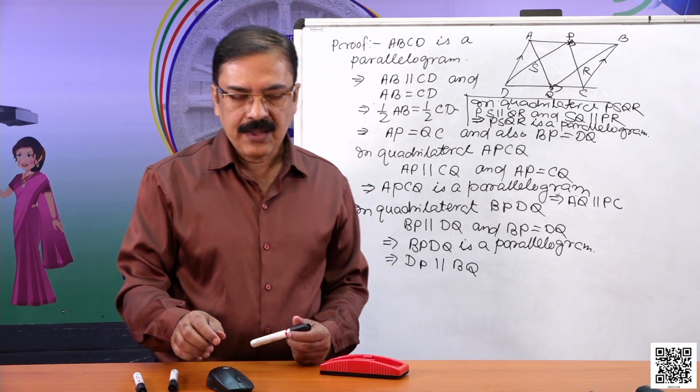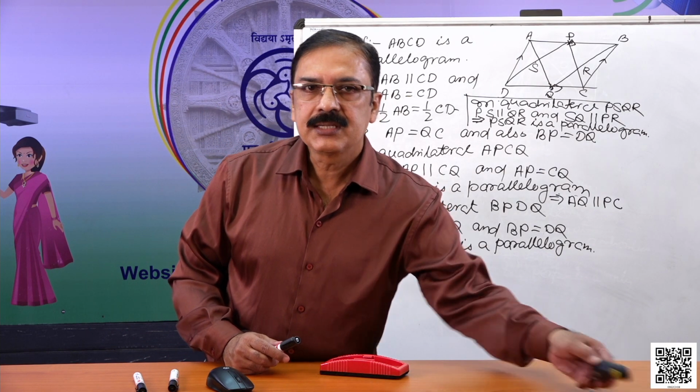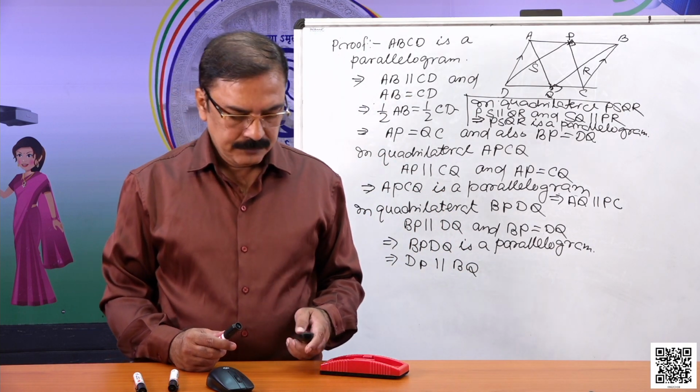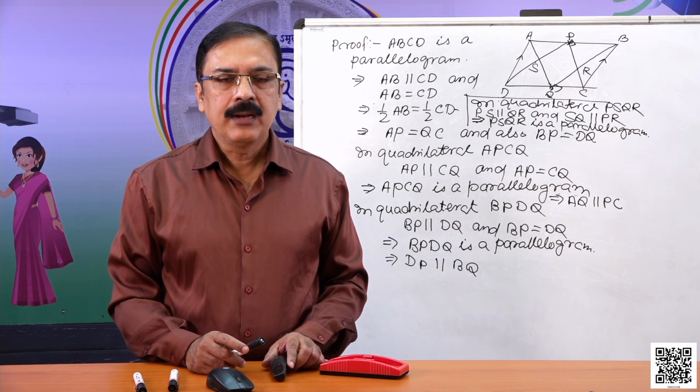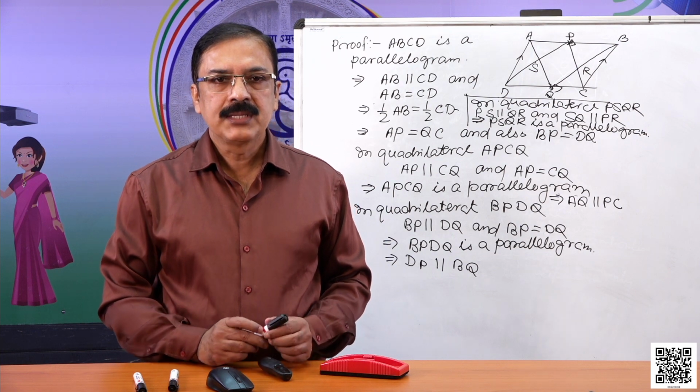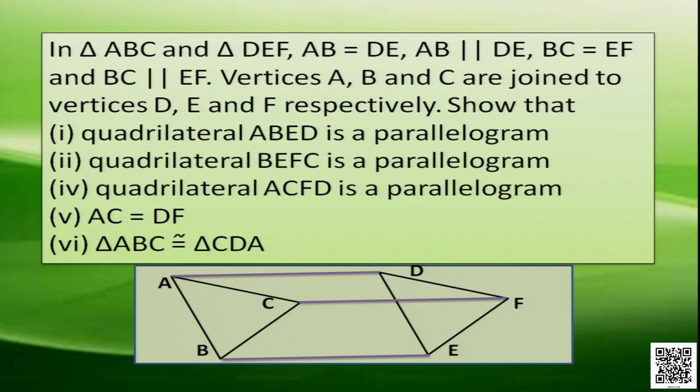Now, let's have another question. The question is like this. Here in the figure, in triangles ABC and DEF, we have AB is equal to DE and AB is parallel to DE. Again, BC is equal to EF and BC is parallel to EF.